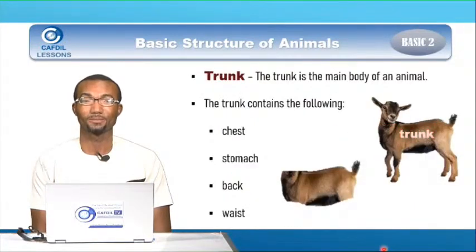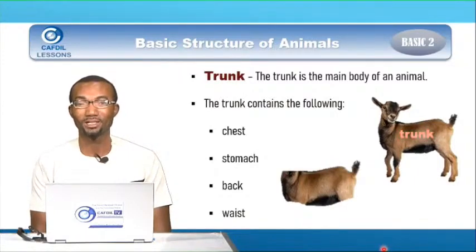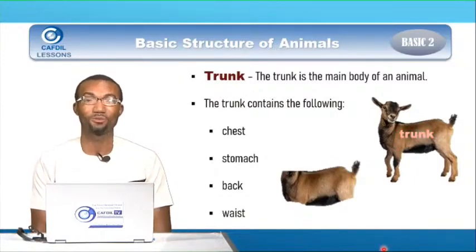Now let's look at the trunk. The trunk is the main body of an animal. And this trunk contains the chest of the animal, the stomach of the animal, the back of the animal, and then the waist of the animal. You have chest, you have stomach, you have back, and you have waist.